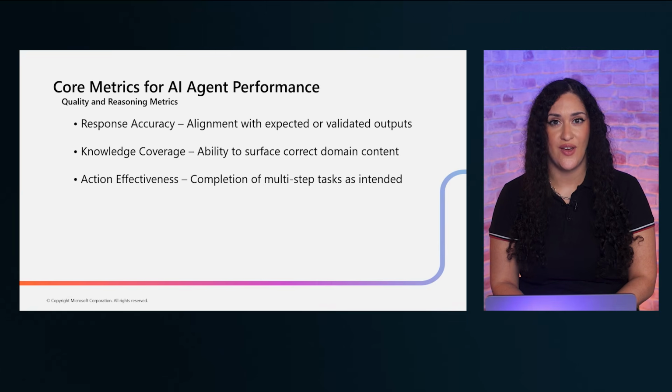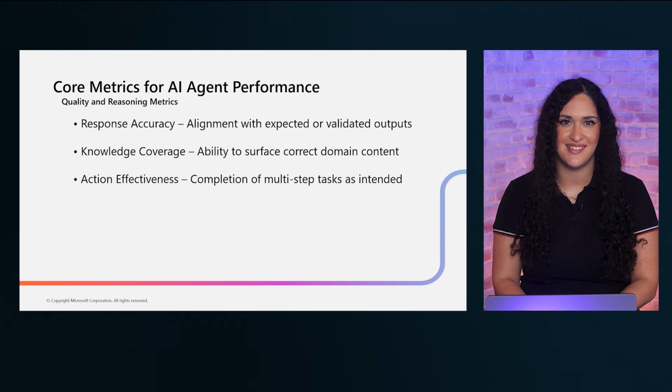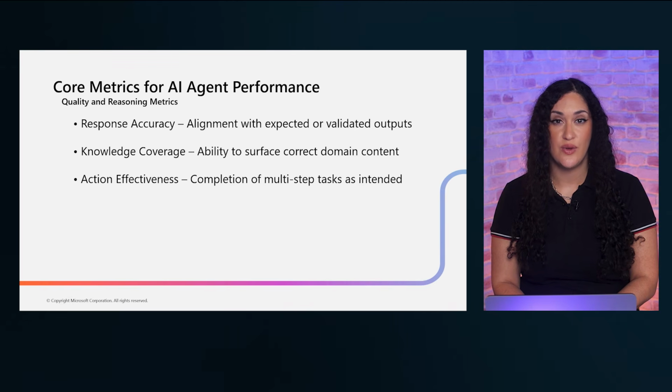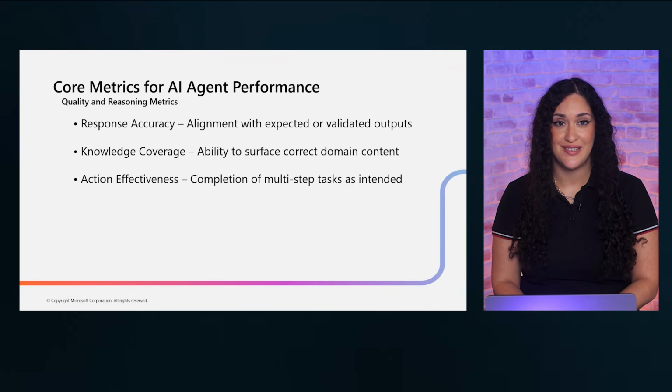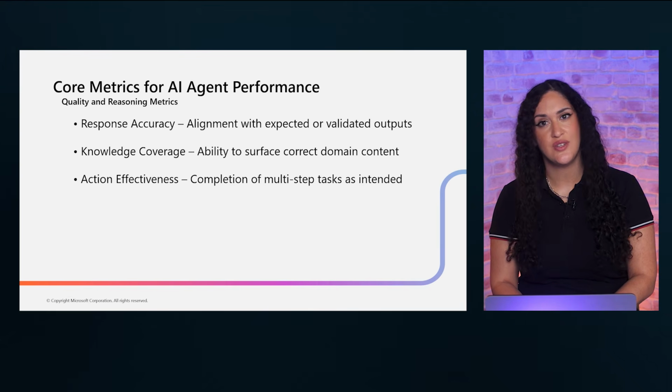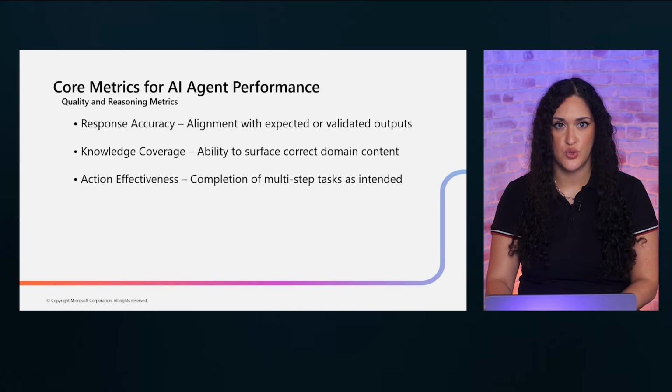And action effectiveness tracks completion of multi-step tasks as intended. An agent that completes 3 out of 5 steps is not effective. It is partially broken. The best practice is to create a validation dataset of expected outputs and regularly test your agent against it. This catches quality drift before the users do.